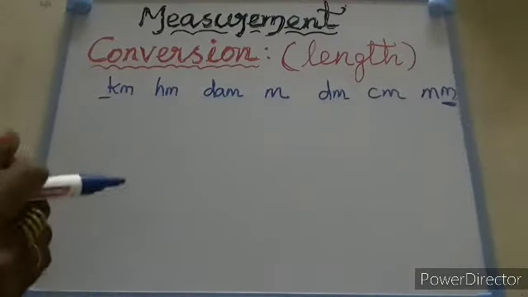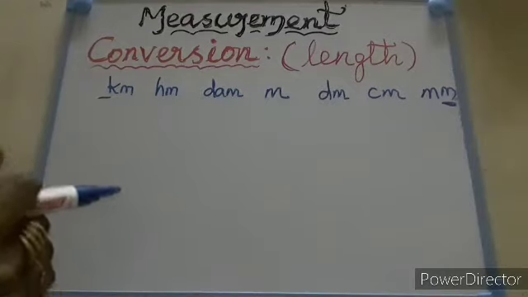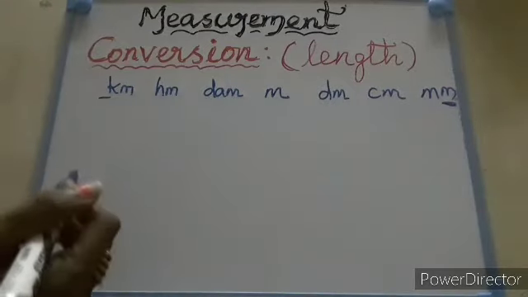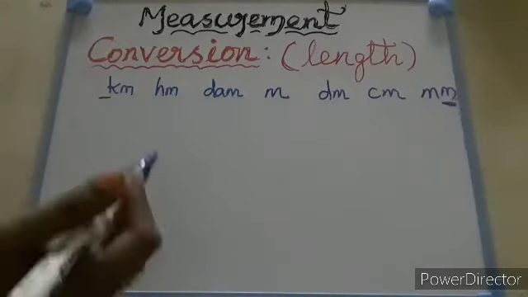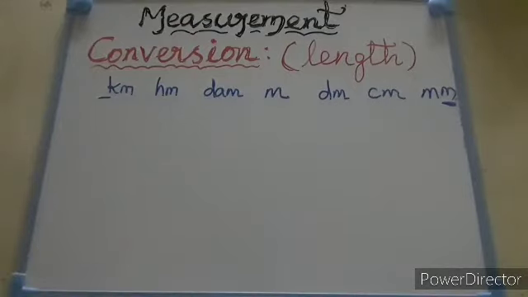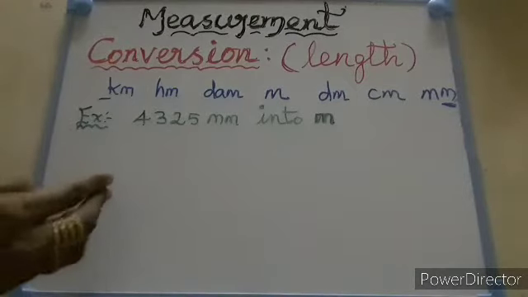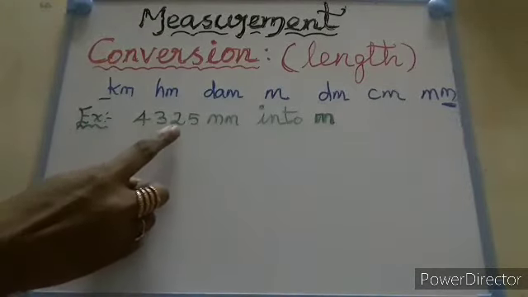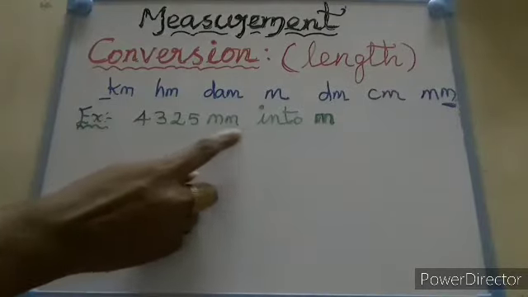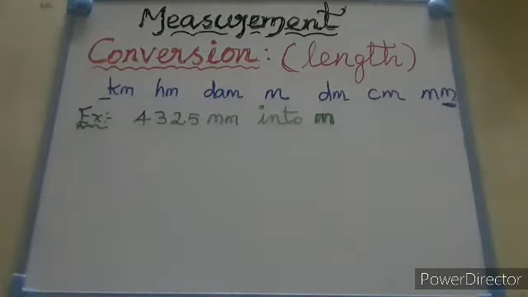Okay, let me see how to convert one unit into another unit. Children, you have to convert 4325 millimeter into meter.